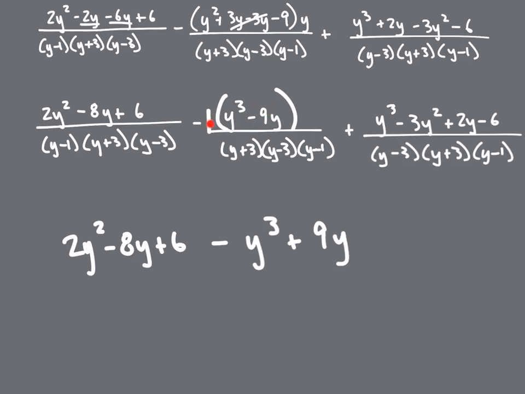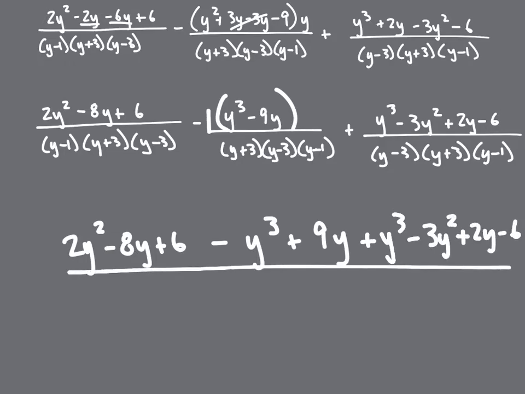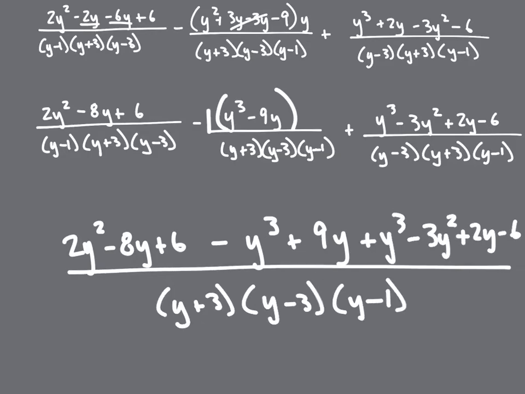Okay, that's something that people will screw up on at some point in this. That's a tricky thing. Next thing I want to do is do a plus y cubed minus 3y squared plus 2y minus 6 all over my common denominator, which is y plus 3, y minus 3, y minus 1.